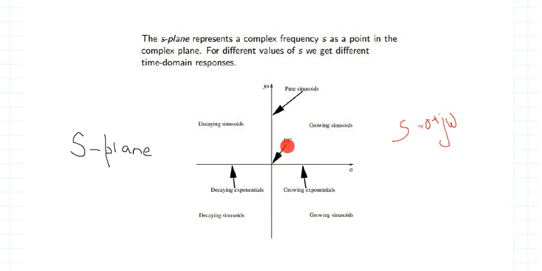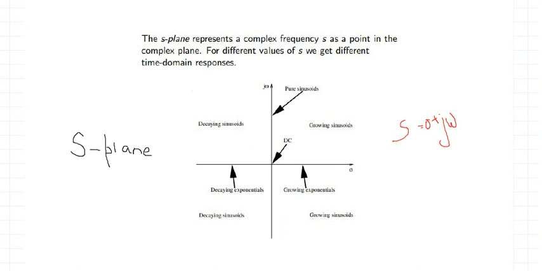You get a DC component, is it not? When sigma is 0, you get a DC component. So all these cases have been put together onto a single plane, which is called the S plane. So this is all about understanding the complex frequencies.